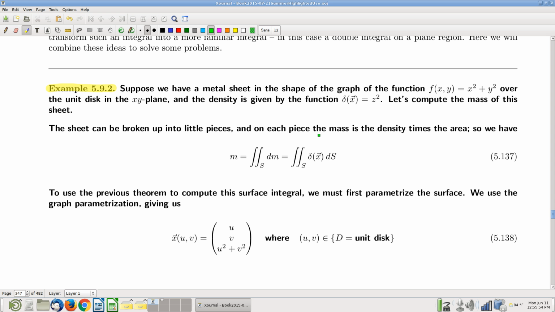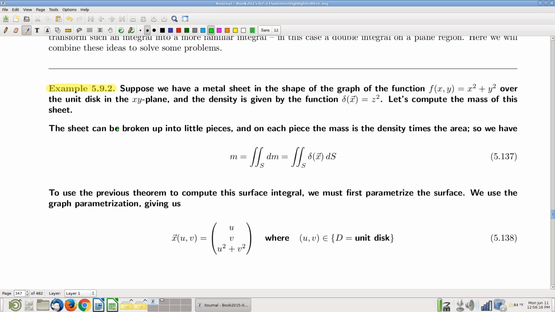Okay, so here's an example. Again, I'm going to use our motivating example of a metal sheet, and let's compute the mass of this metal sheet. We're given a formula for the density, mass per unit area. It's this formula of position, z squared.